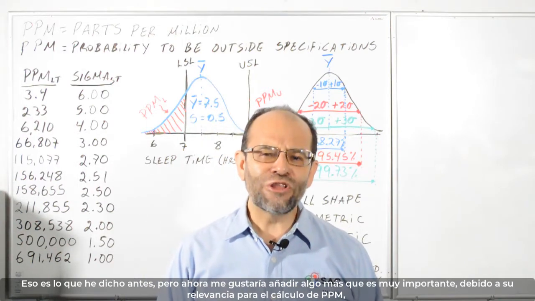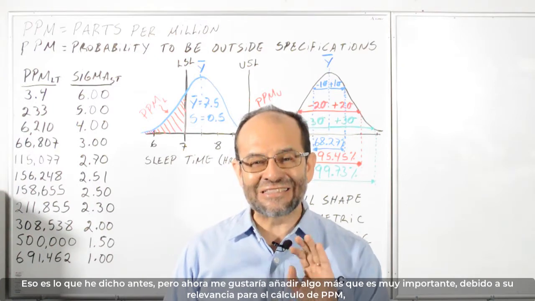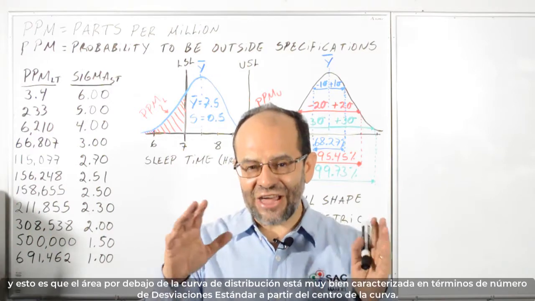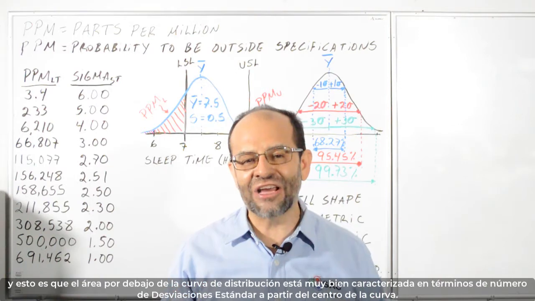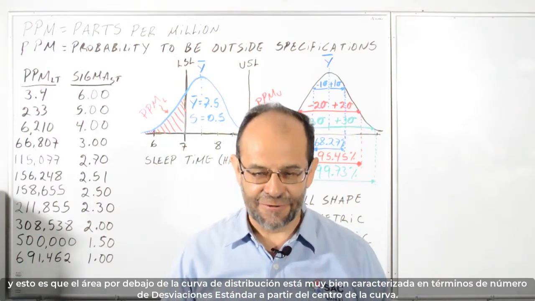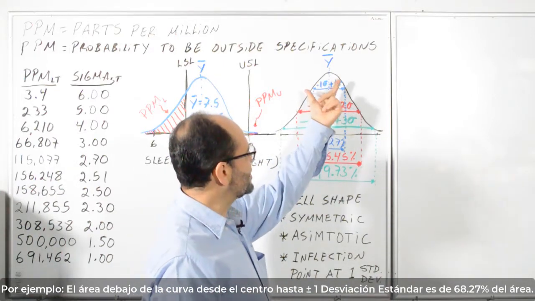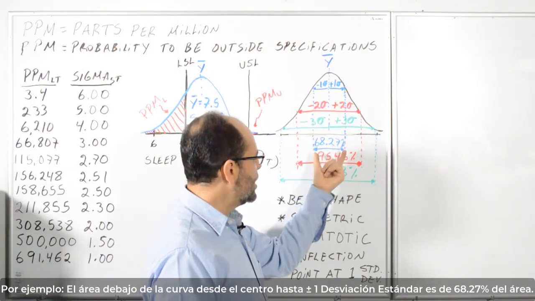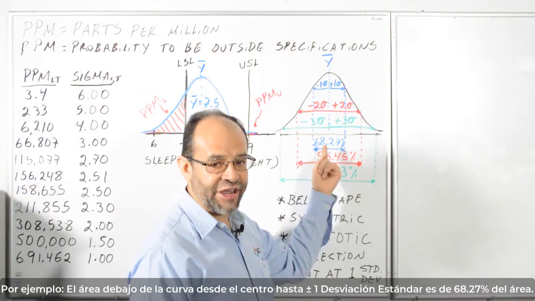But now I would like to add one more thing, which is very important because that is key for the calculation of PPMs. And that is that the areas below the distribution curve are very well characterized in terms of number of standard deviations from the center. For instance, from the center, plus minus 1 standard deviation, this area here below the distribution curve is equal to 68.27% of the area.